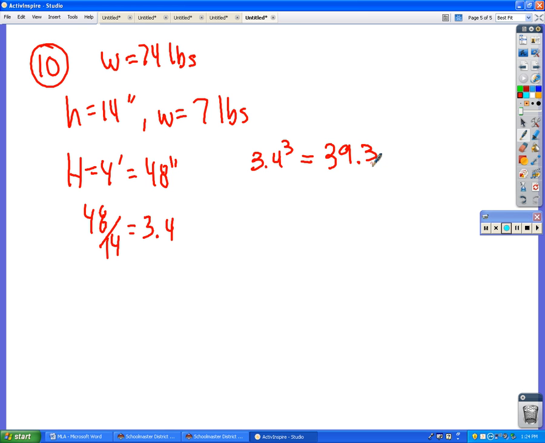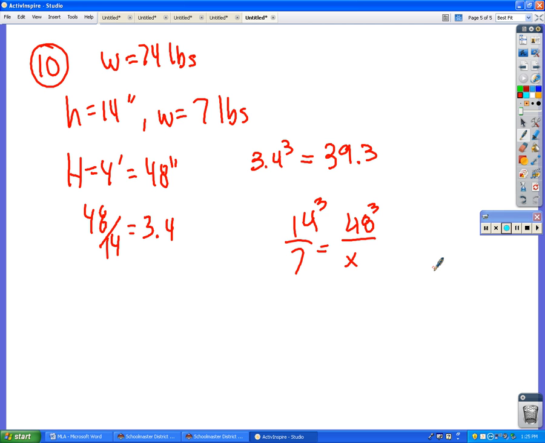You have to cube it. Okay? So when you said 14 over 7 equals 48 over, well, really it would be x, right? Because we're trying to figure out the weight. You would have to cube these both before you cross multiply. Okay?